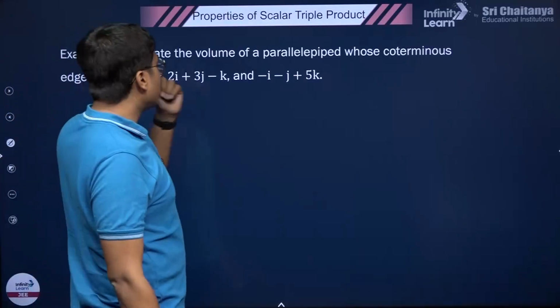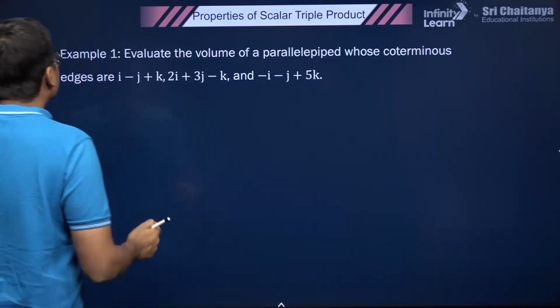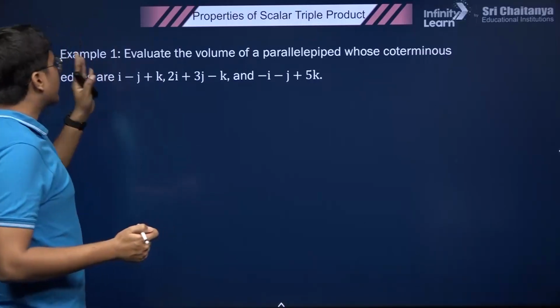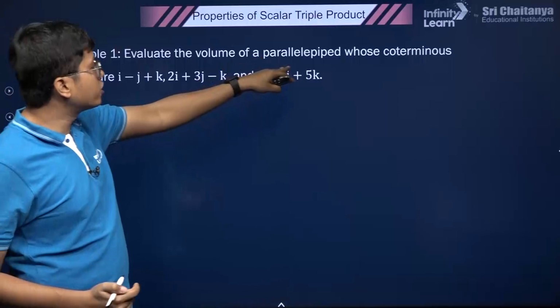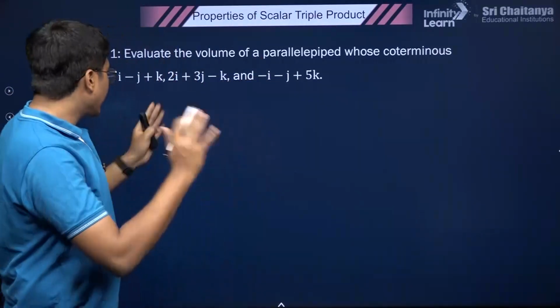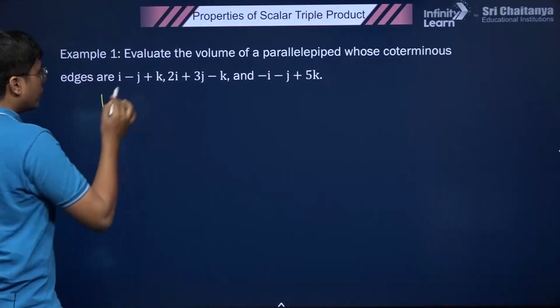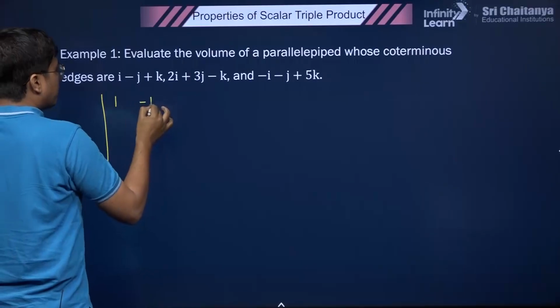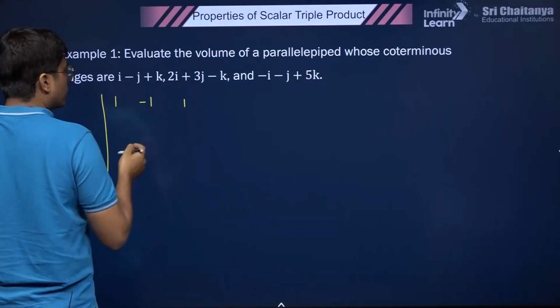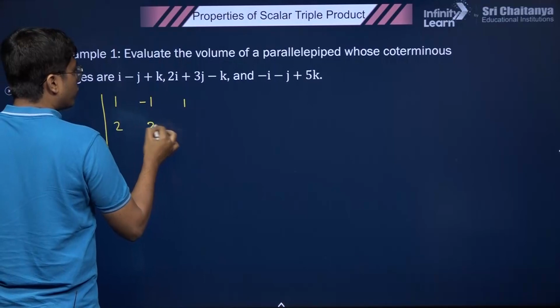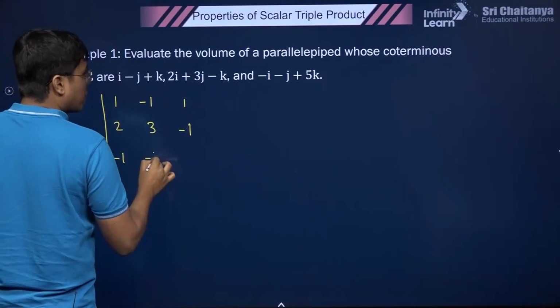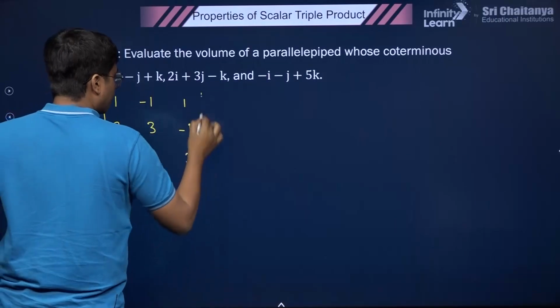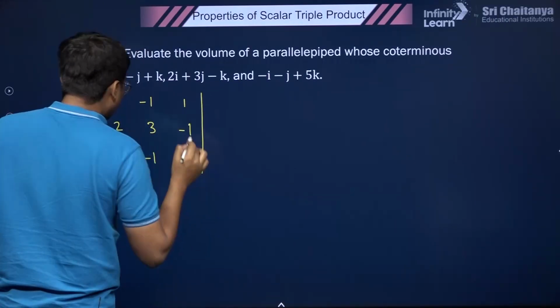We need to find the volume of a parallelepiped whose coterminous edges are i cap minus j cap plus k cap, 2i cap plus 3j cap minus k cap, and minus i minus j plus 5k. So we'll create the determinant. It will be 1, minus 1 and 1 for this. You have 2, 3 and minus 1, and this is going to give you minus 1, minus 1 and 5, right?